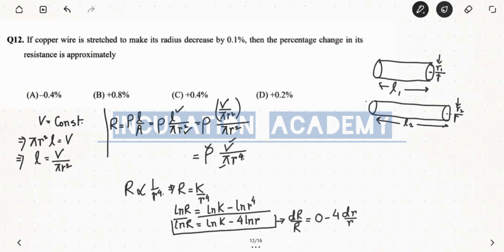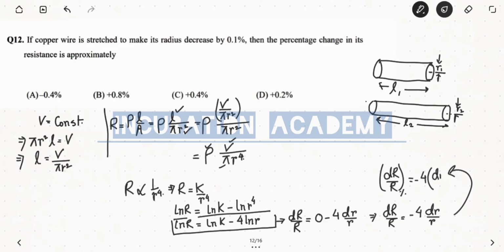So the change in resistance, dR by R, equals minus 4 times the change in radius, dr by r. If you want to express this in percentage, dR by R in percentage equals minus 4 times dr by r in percentage.